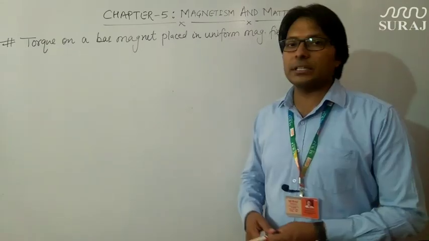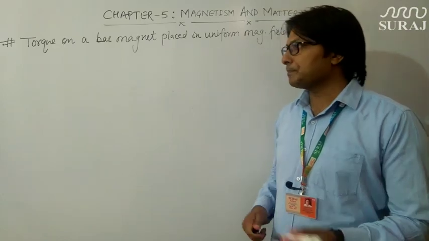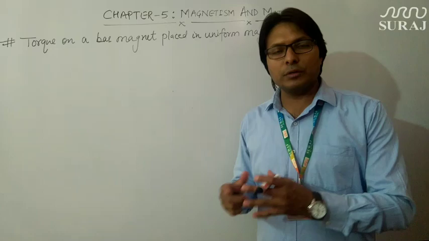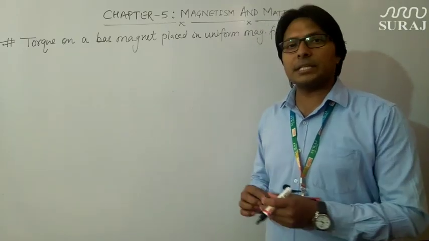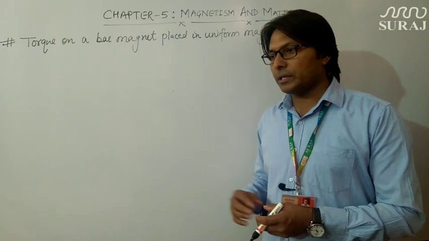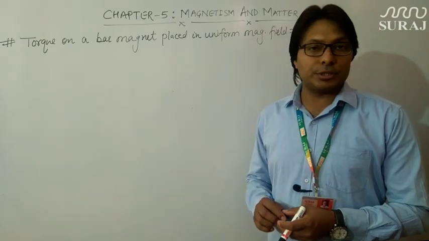So let us start with the uniform magnetic field. You all know that wherever there is uniform magnetic field or electric field, we represent it by showing lines parallel to each other.